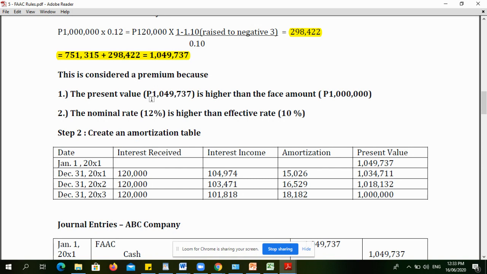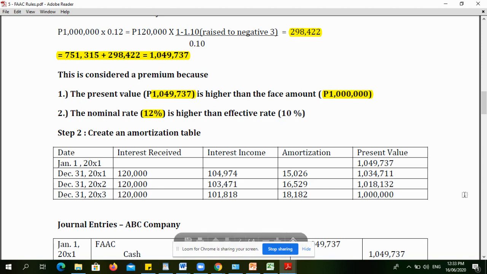Pansinin nyo, ang present value mas mataas sa face amount. Tingnan nyo, mas mataas to kaysa sa 1 million. And number 2, the nominal or the stated rate, which is 12%, is higher than the effective rate, which is 10%.